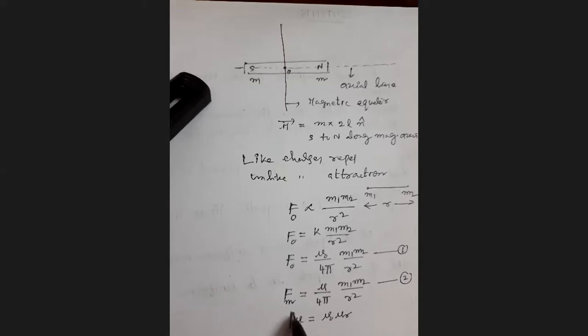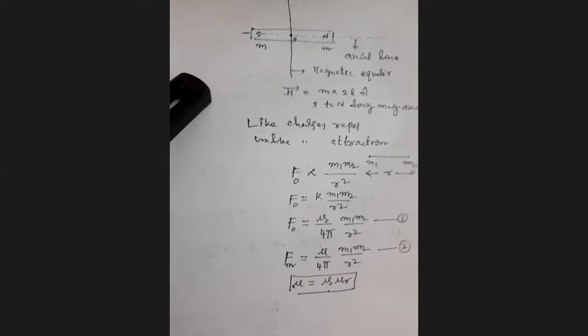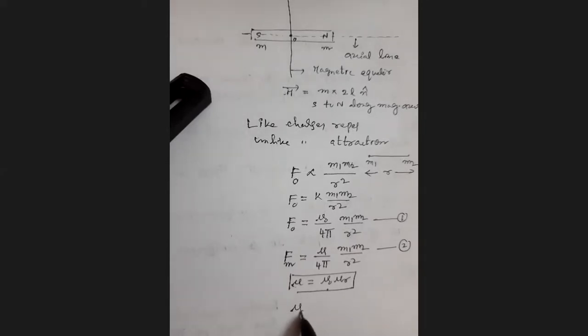Mu is the permeability of that medium, and mu naught is the permeability of free space. The value of mu naught is 4 pi into 10 power minus 7 Henry per meter.